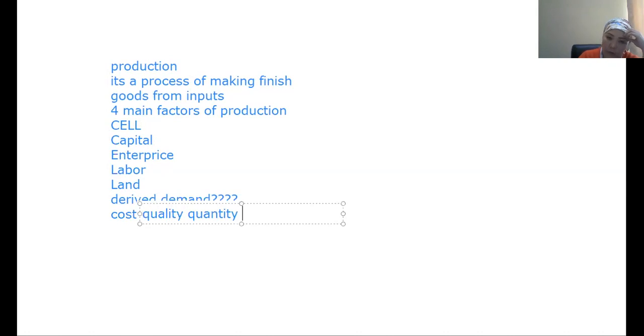First, let's talk about the cost. Let me draw it here. Let me use this pen. Cost.